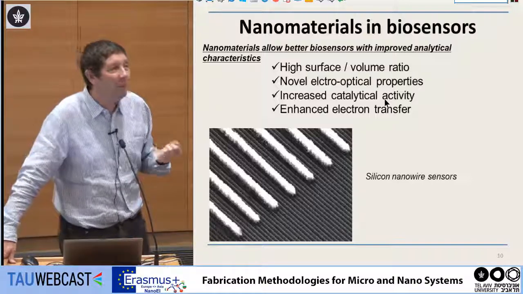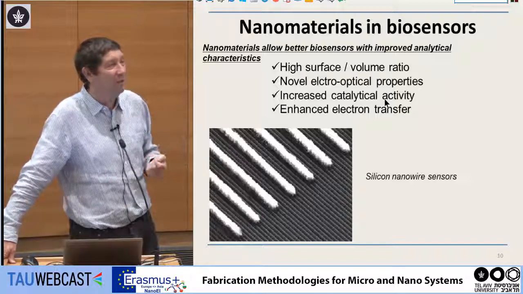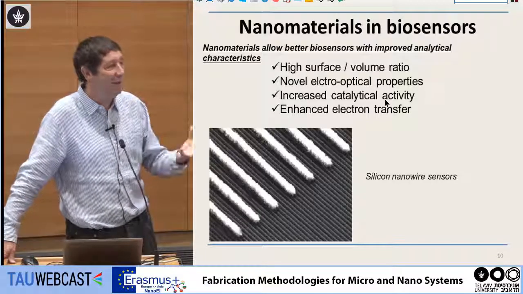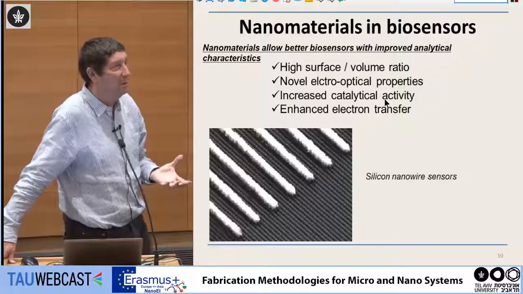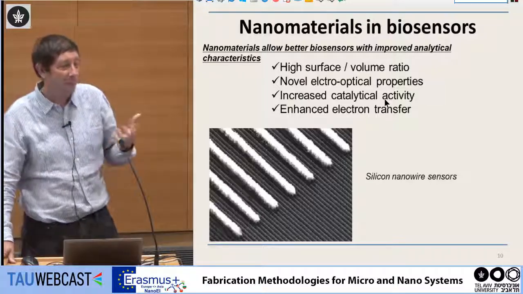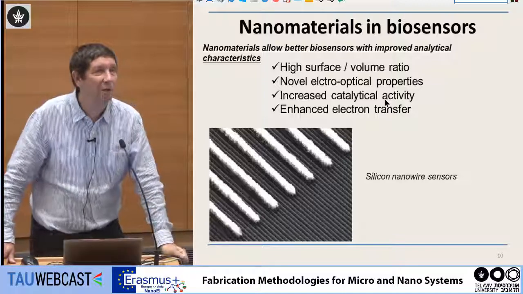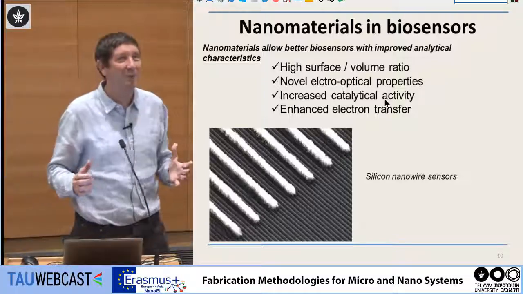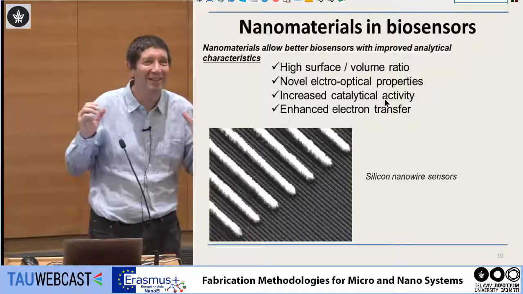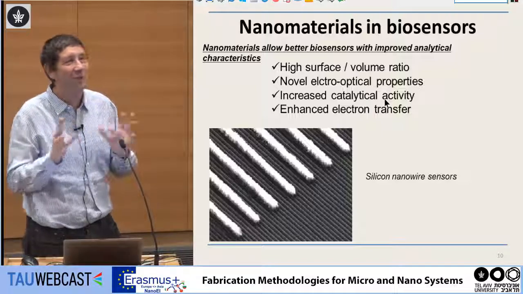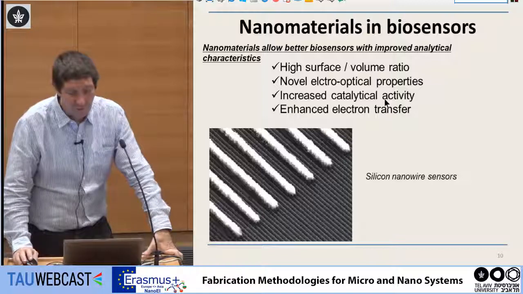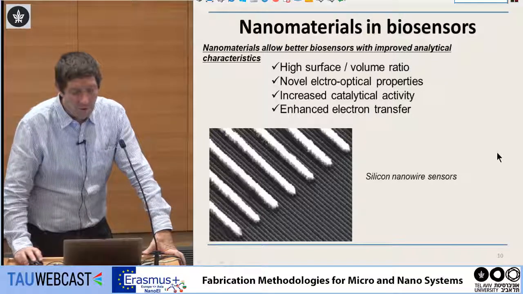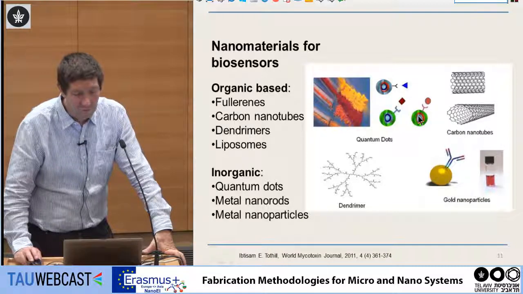If we use nanoparticles of palladium instead of regular palladium, the catalytic effect will be much higher, and I can use much less palladium. So people switched for a long time. Instead of putting a big piece of platinum or palladium in your car, which makes your car too expensive, they use nanoparticles or some mesh to increase the surface area. And because of the larger catalytic properties, they have enhanced energy electron transfer.